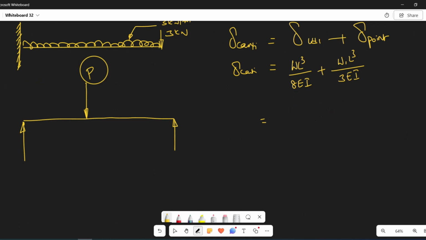WL cube by 8EI. What is the weight intensity here? Right?